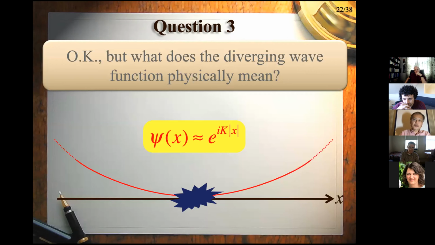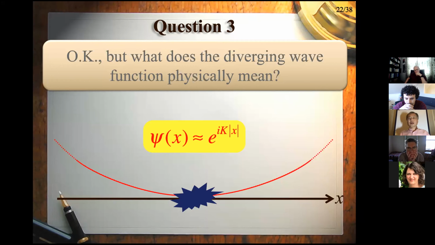This diverging wave function is the reason why many people call them unphysical states, because some people don't believe in the wave function in the lower half of the complex eigenwave number, and they call it the unphysical part of the eigenwave number, because it's not normalizable indeed.